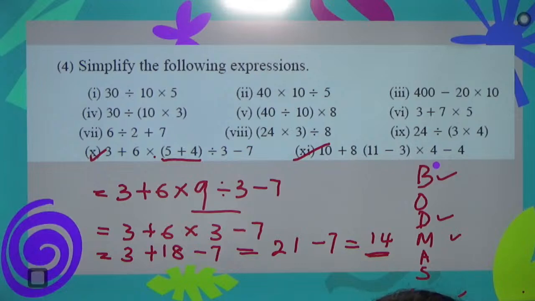Right, finish. I'm doing the 11th one now. Alright. When you complete, let me know then.